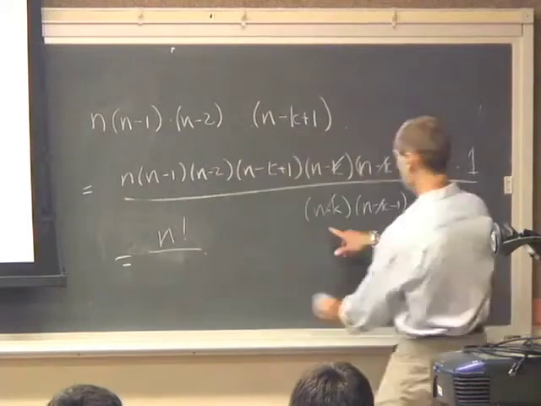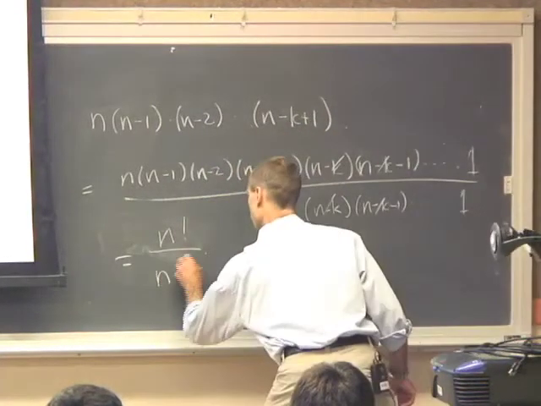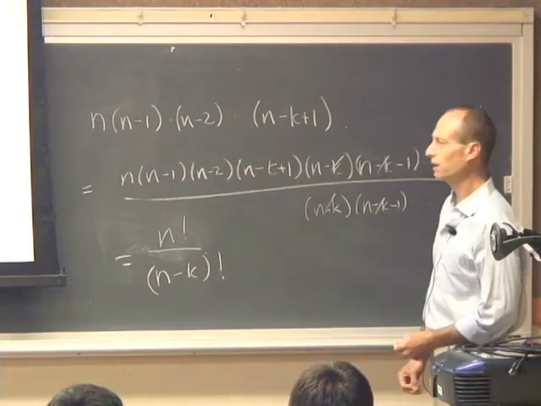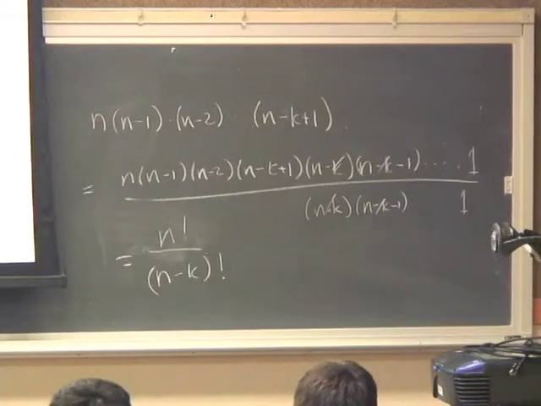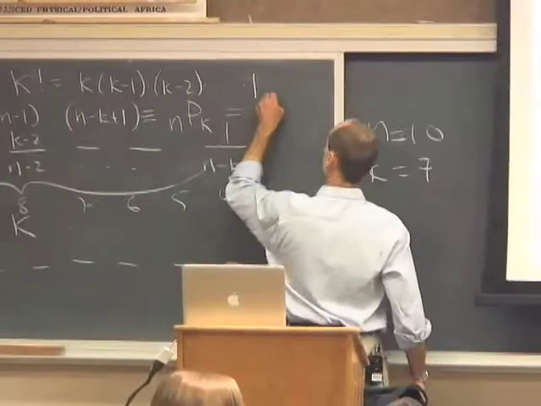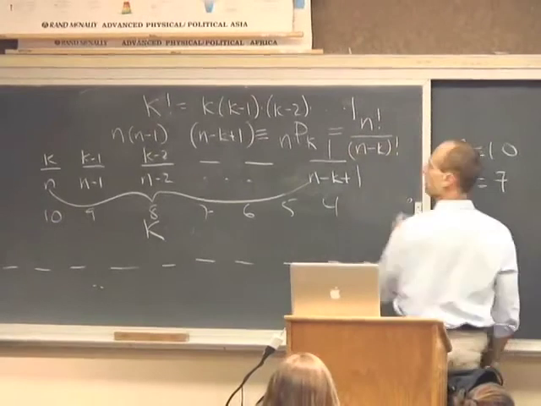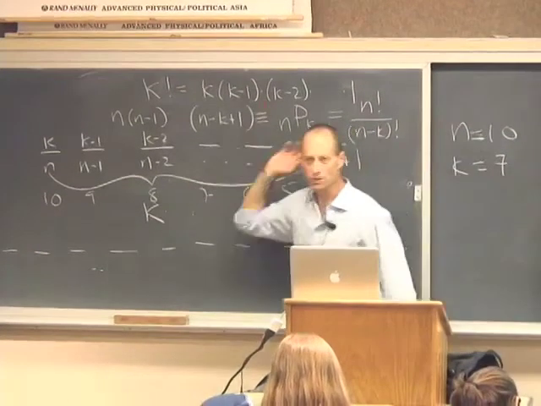And the product in the denominator, n minus k times n minus k minus 1, etc., is n minus k factorial. Okay. So this number, nPk, is equal to n factorial over n minus k factorial. Same thing, just expressed a different way.